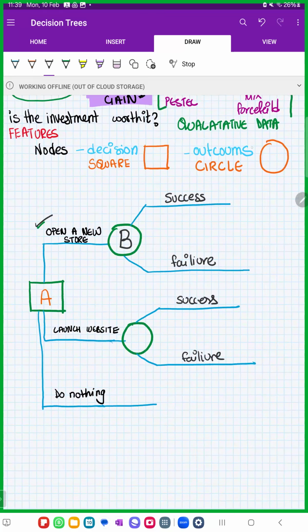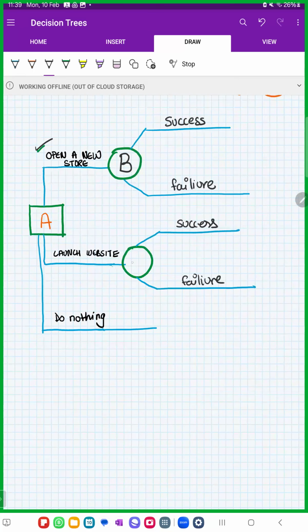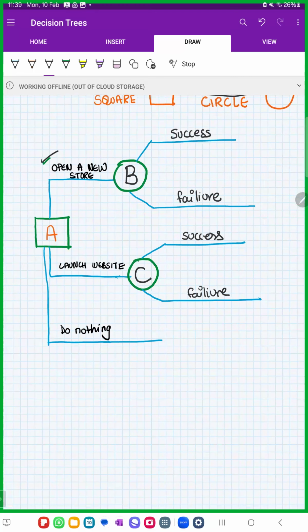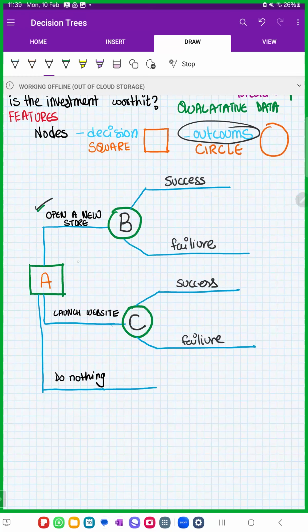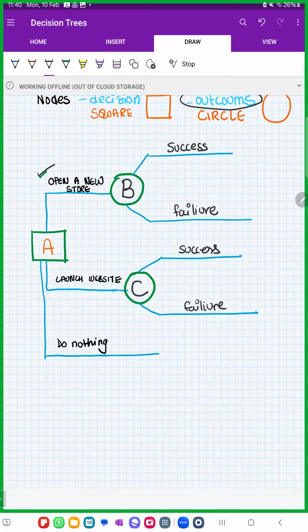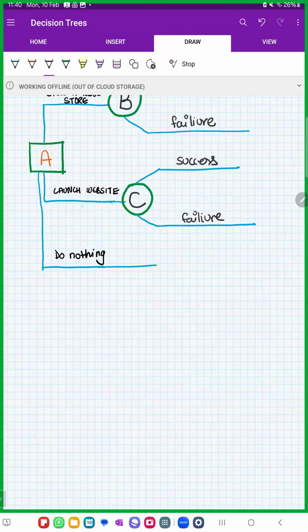And my other circle node is also showing me the outcome if I decide to open the website. So if I choose to open a new store, there are two possible outcomes: either it will be successful or it will fail. If I choose to launch a website, either it will be successful or it's going to fail. Fair enough? Clear?